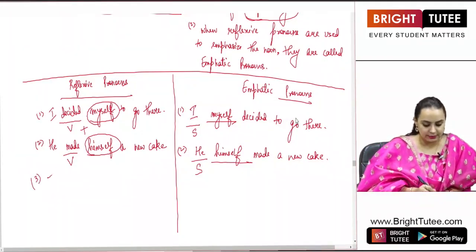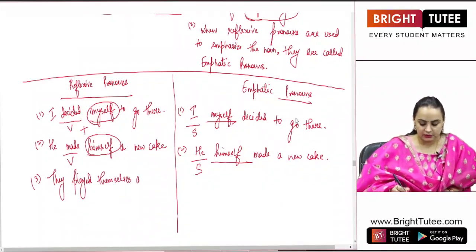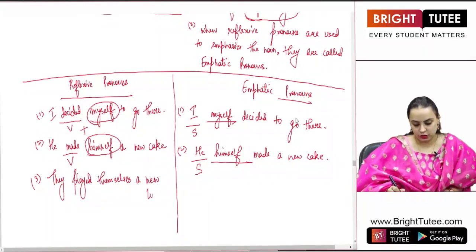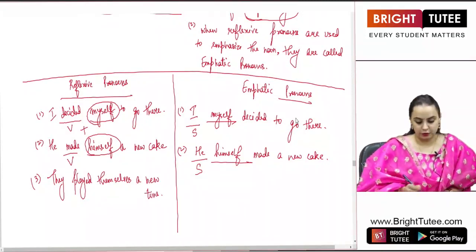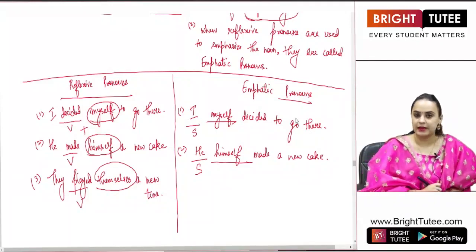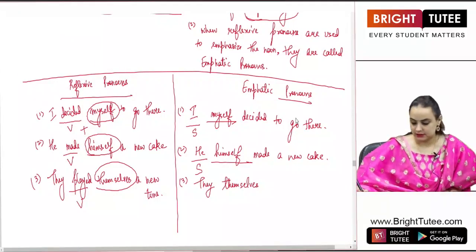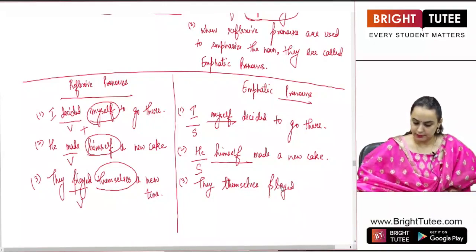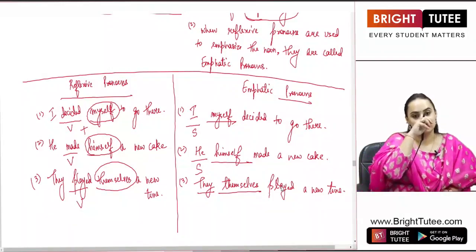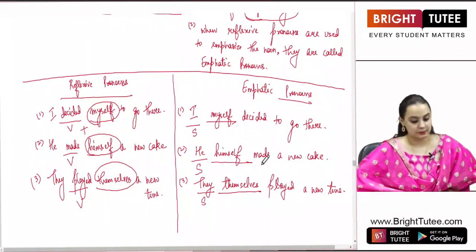If I give you another example, they played themselves a new tune. Reflexive pronoun because the pronoun is preceded by a verb. Changing it to emphatic pronoun, they themselves played a new tune. So, here the pronoun is preceded by the subject, so it is an emphatic pronoun.